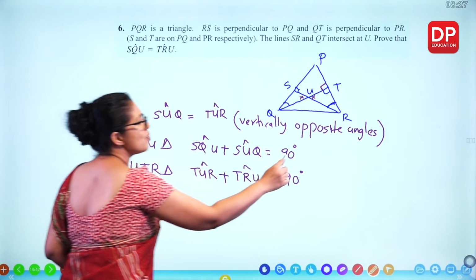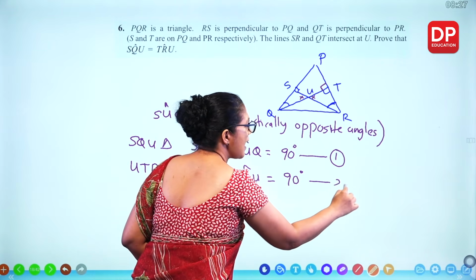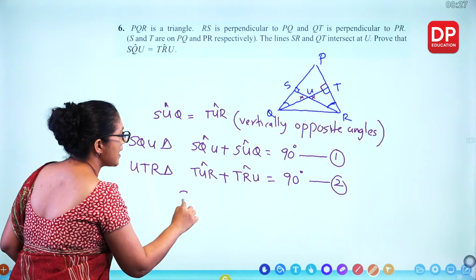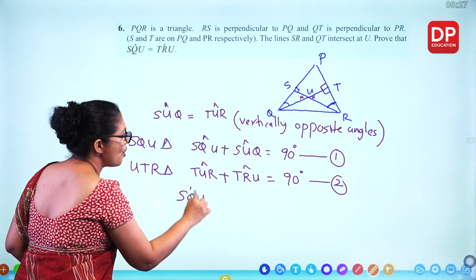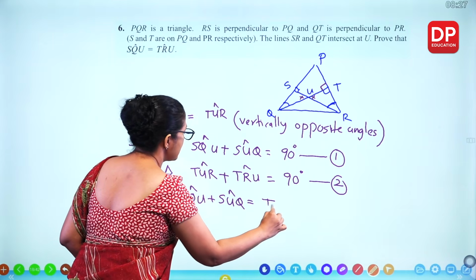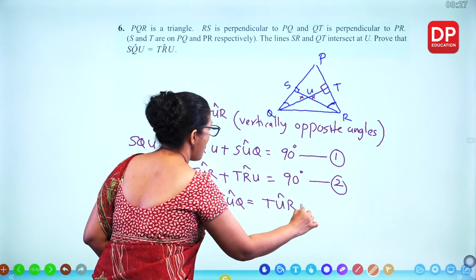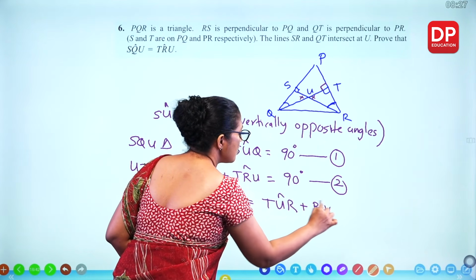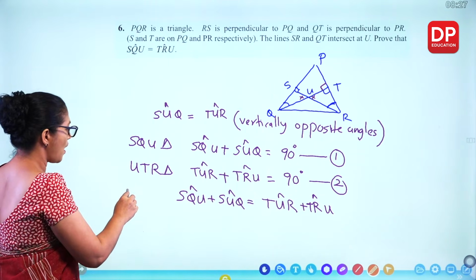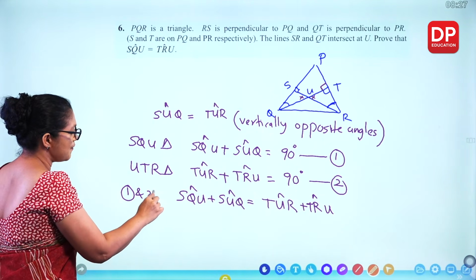Now these two are 90 degrees, so I can equate these two. So what can I write? I can write SQU plus SUQ angle is same as TUR plus TRU, when you look at 1 and 2. Now what can we say?